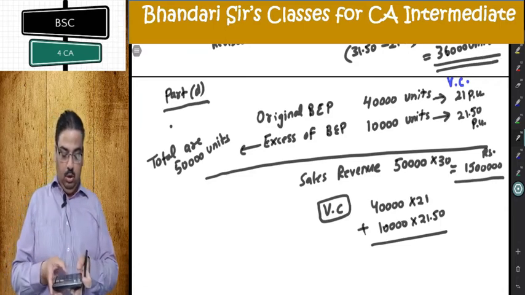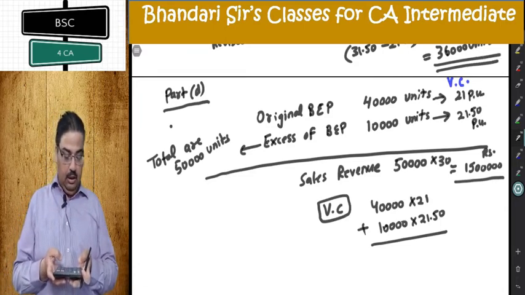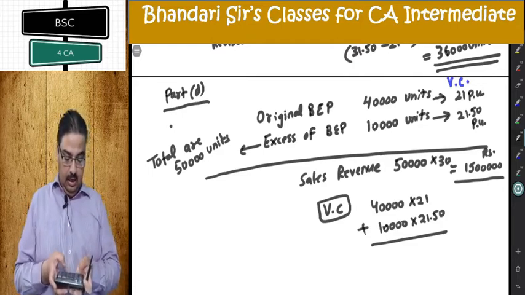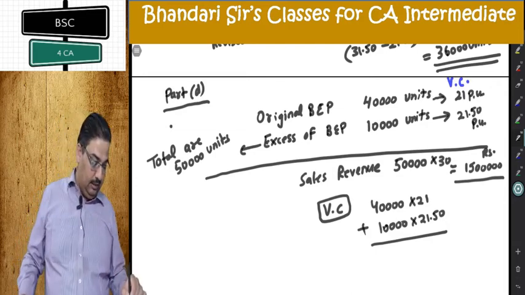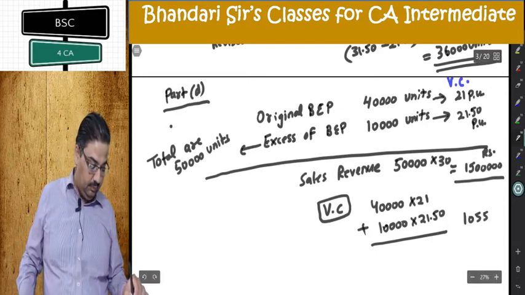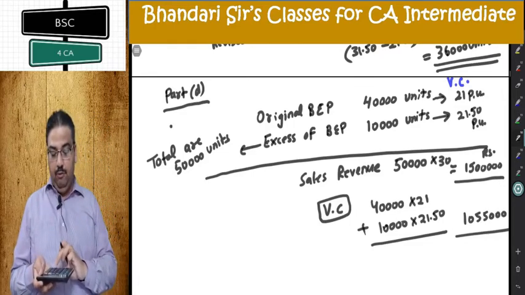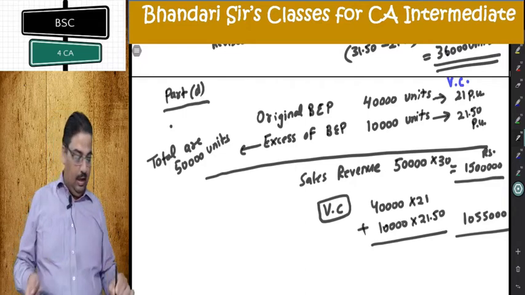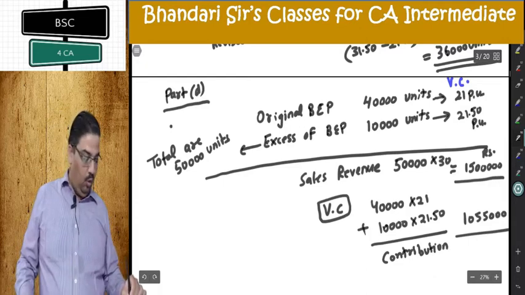I need to get total of this. 40,000 into 21 makes 8,40,000. 10,000 into 21.50, it makes 2,15,000. When added, it is 10,55,000. When reduced from 15 lakh, I get contribution 4,45,000.